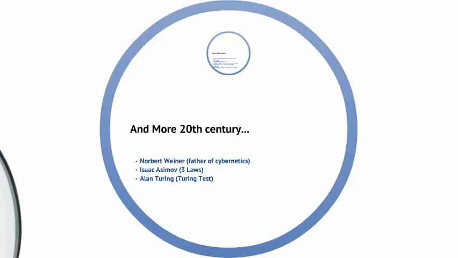Isaac Asimov wrote a number of short stories, which later became a movie called I, Robot, but basically 3 laws of how we could protect humans from robots, and there actually is a flaw in the 3 laws, which is interesting to consider in how robots would react and behave. And Alan Turing came up with the Turing test, which essentially determines whether or not an individual could be fooled by artificial intelligence programs.